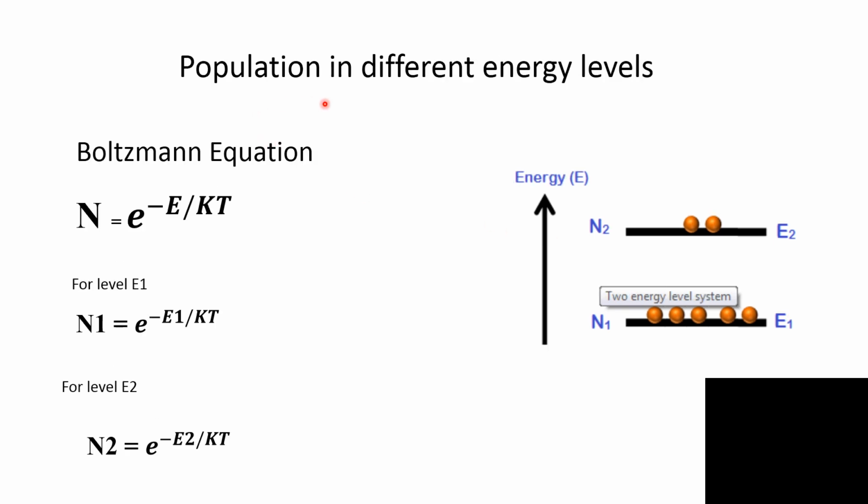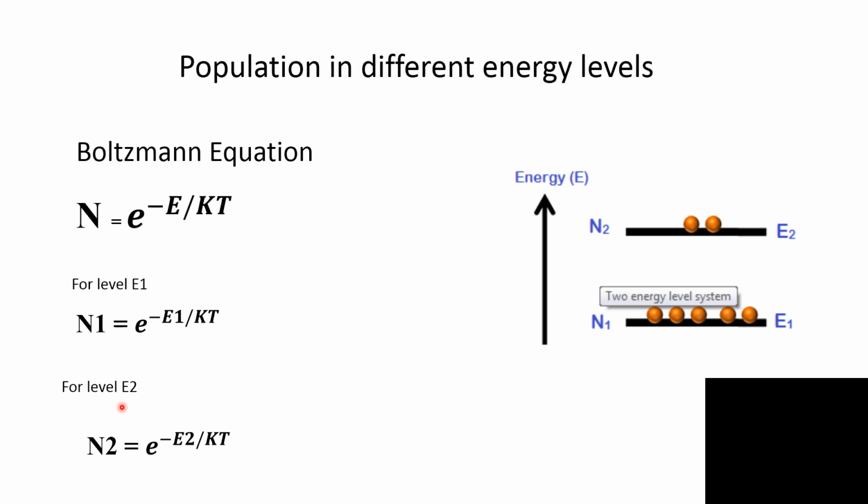Here we have the population in different energy levels. By this Boltzmann equation, we can find out the population of energy level E1 and of the other energy level. First we have this general Boltzmann equation, and if we want to find the population for energy level E1, we have N1, the population for energy level 1, and in place of E we put E1 over kT.